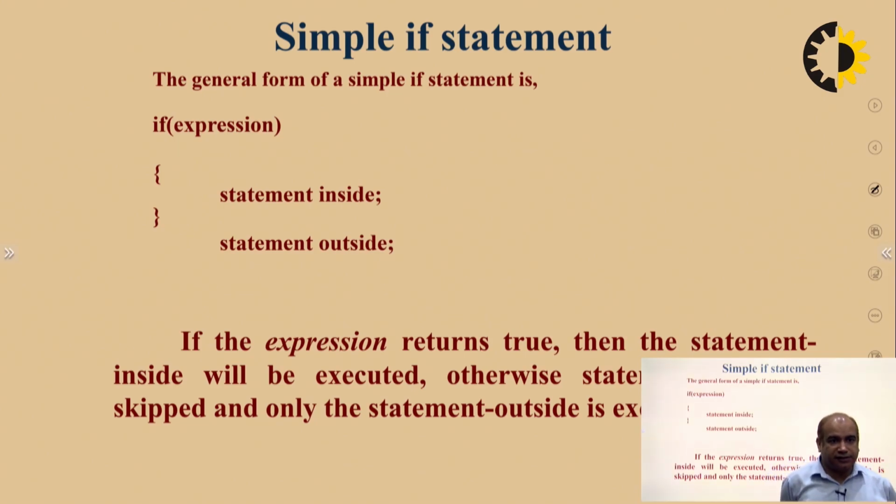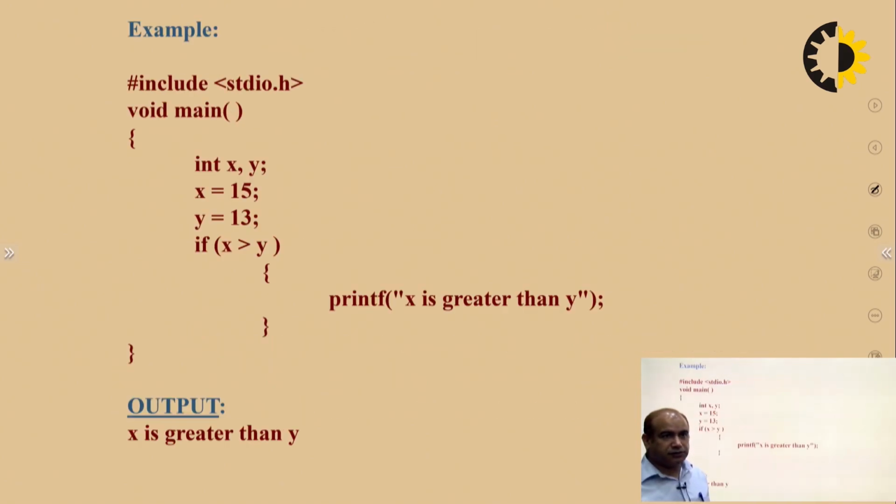If the condition is true, the following block or next executable statement will be executed, otherwise it will not be executed. So if the expression returns true, then the statement inside will be executed, otherwise the statement inside will be skipped, and only the outside statement will be executed.